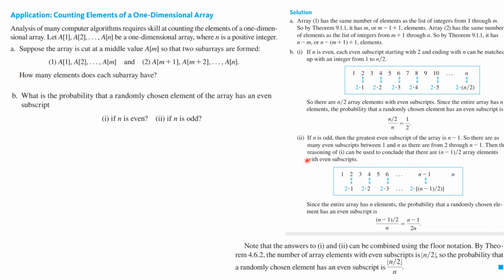And the reasoning we've used before can be used again to conclude that we have n minus 1 over 2 array elements with even subscripts. Since the entire array has n elements, the probability that a randomly chosen element has an even subscript is n minus 1 over 2, over n. If we simplify that, we get n minus 1 over 2n. This is not 1/2.